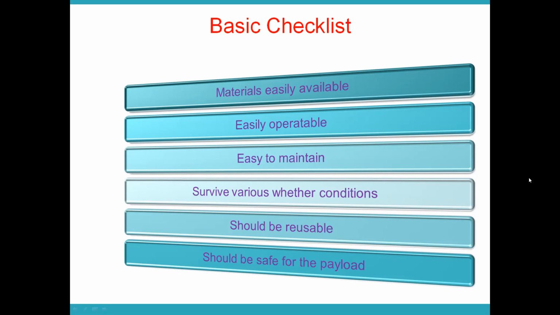There shouldn't be complex operational protocols involved. It should be very easy to operate, even for non-skilled persons. Then it should be easy to maintain, because as I explained in the first point, materials are a factor, but there are several other factors in maintenance.